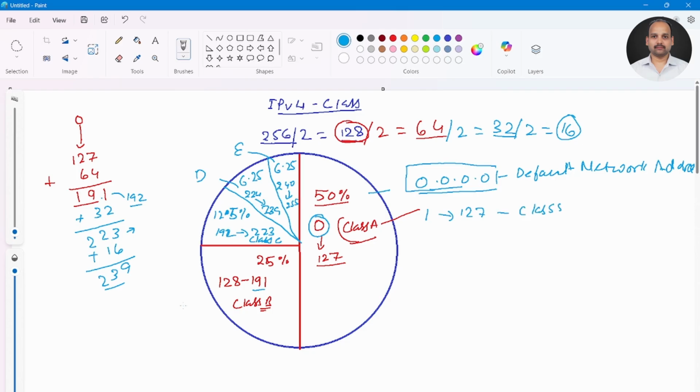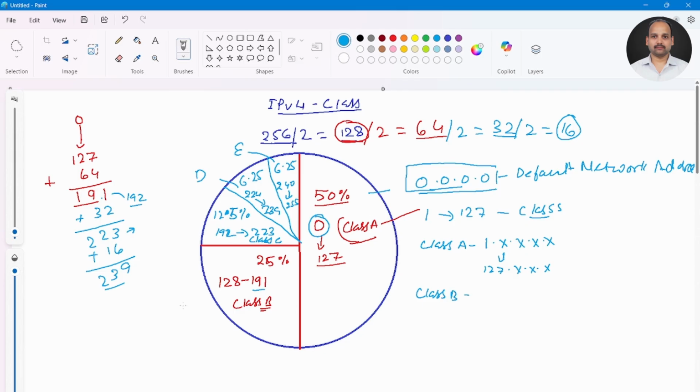If I ask what the class A range is, it is 1.x.x.x to 127.x.x.x. This is the valid range of class A. And what is the valid range of class B?